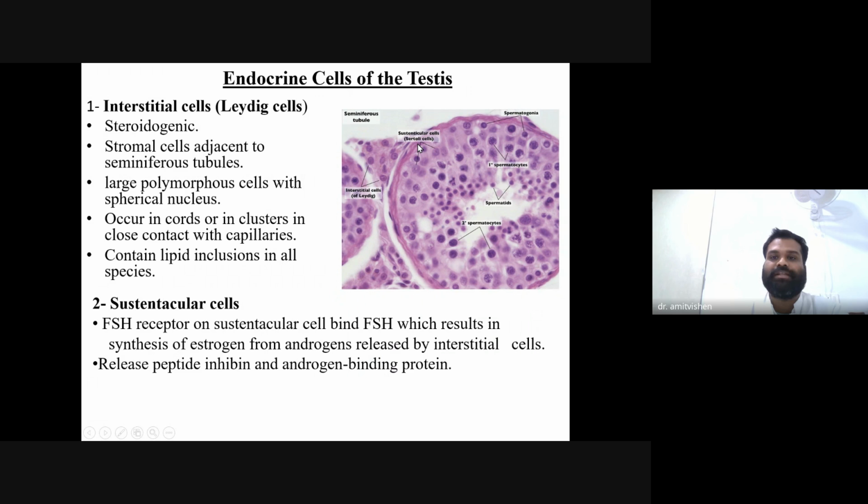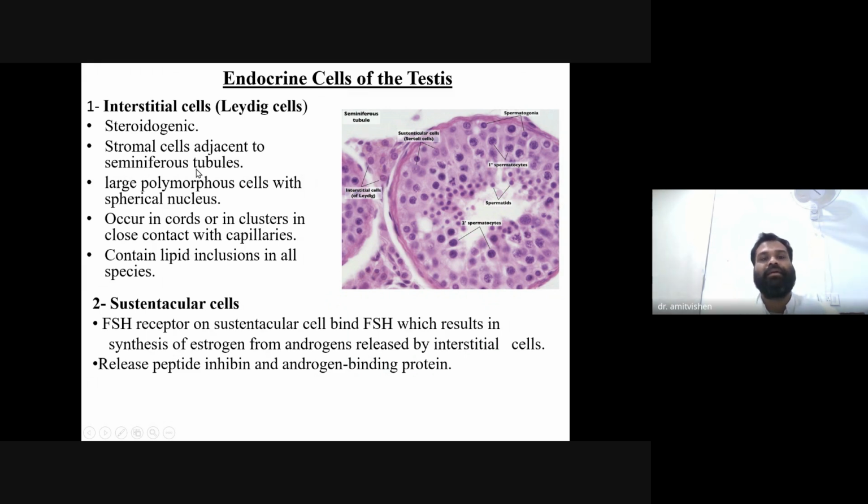These release the spermatocyte, then spermatozoa, and these are the spermatogonia. You can see here in the periphery of this seminiferous tubule, and interstitial cells outside the seminiferous tubule.